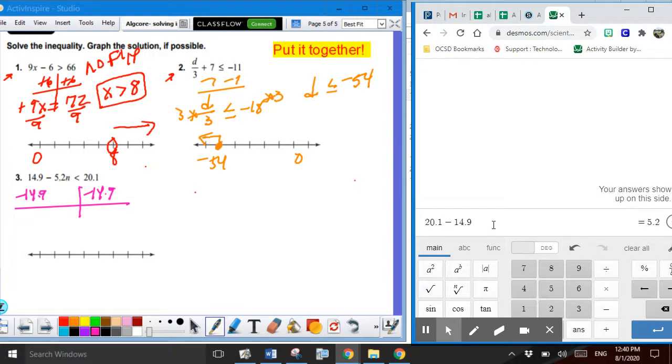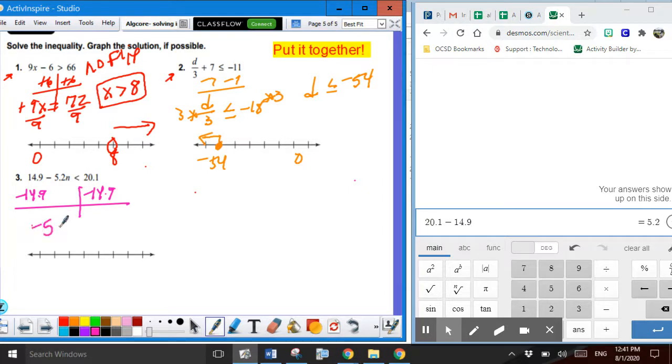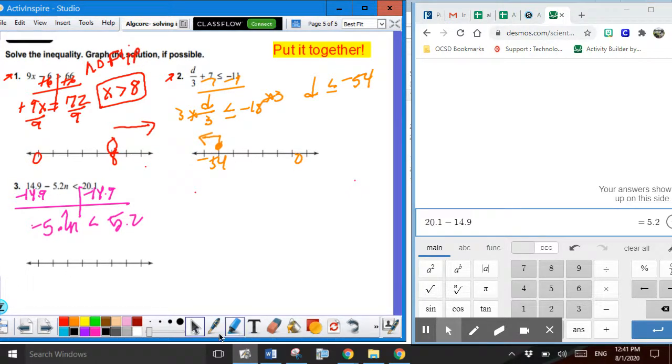Okay, so I've got 5.2, so negative 5.2 n less than positive 5.2. So I'm dividing. Okay, so I am dividing by a negative.